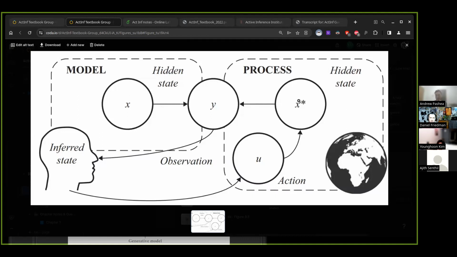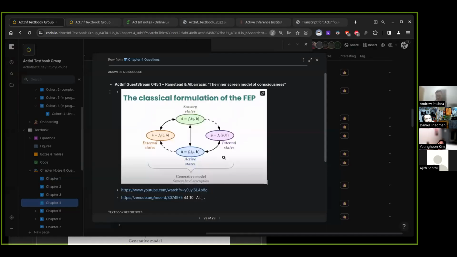The generative process, or the process generating observations, could just be a sine wave, or a square wave, or a deterministic system. And so that makes it very clear, like you said, that when we're talking about the generative model of the agents, we're talking about A, B, C, D, E. Those are the variables that have to be defined.